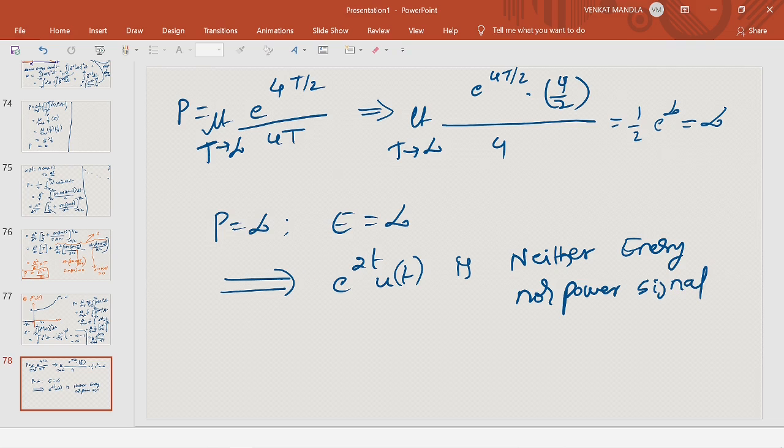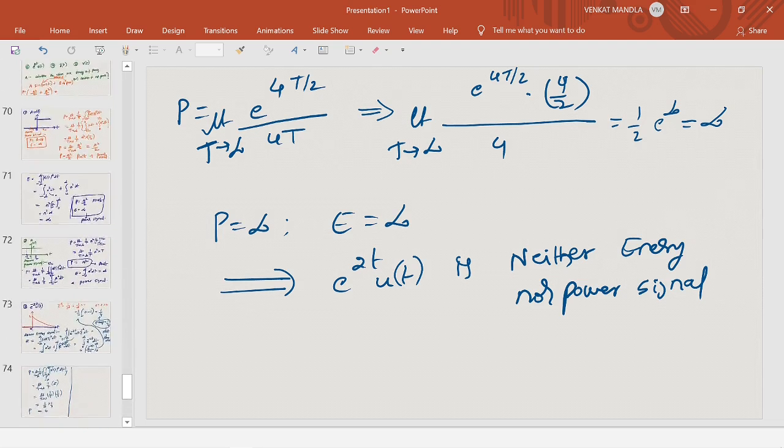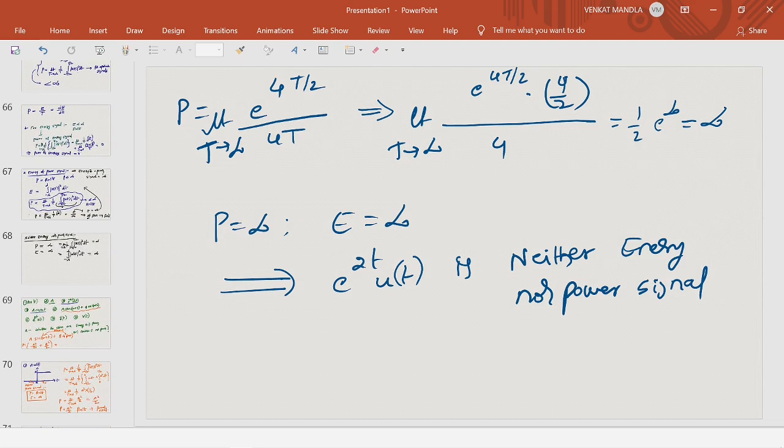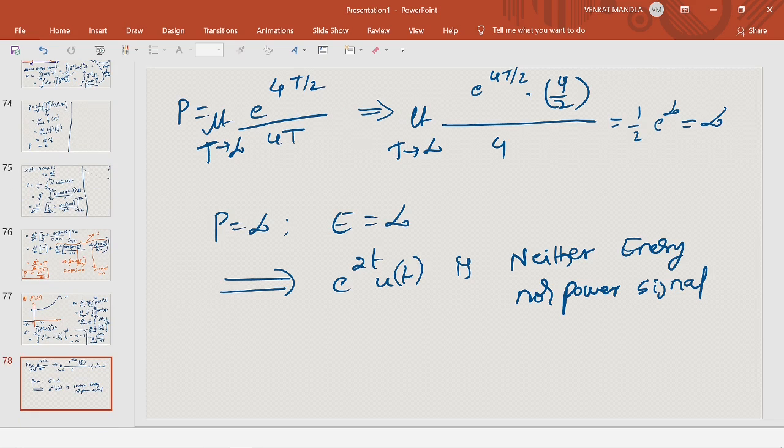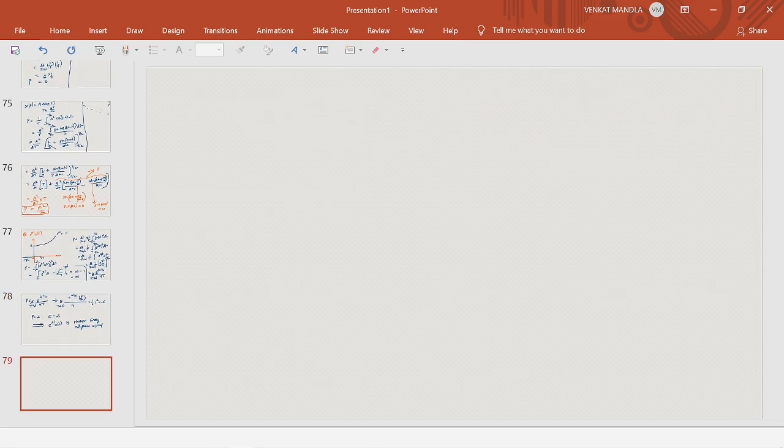Similarly, we'll discuss the next signal. The next signal is del of t, the seventh one. For x of t equal to del of t, is it an energy signal or a power signal?